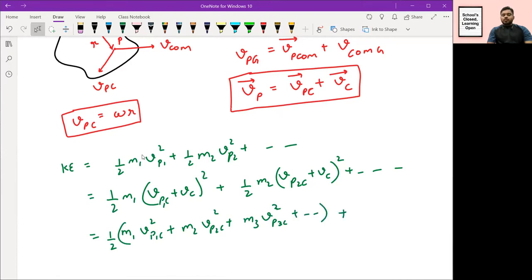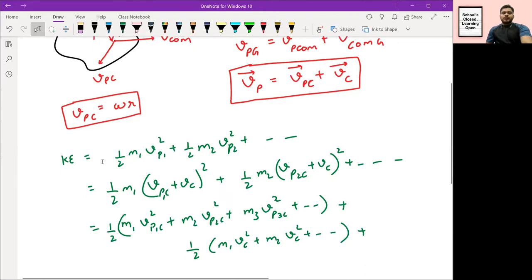That is the first term; we took out the first term. The second term is half [m1 Vc square plus m2 Vc square plus m3 Vc square plus so on], plus the 2ab term, right?